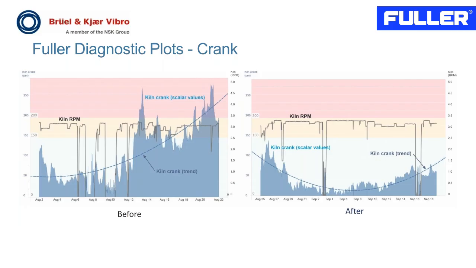In between the two plots, we have 3 days. So you can see a general trend that the value of the Kiln Crank is going down, and that it has somewhat stabilized within the acceptable range. Kiln Crank is very interesting because in some cases it can actually not be avoided completely.